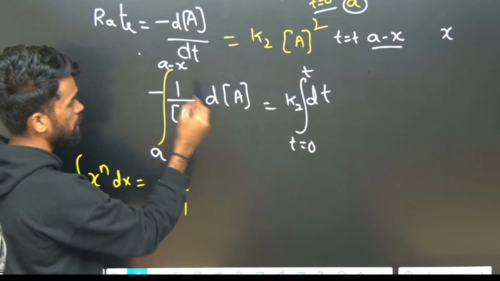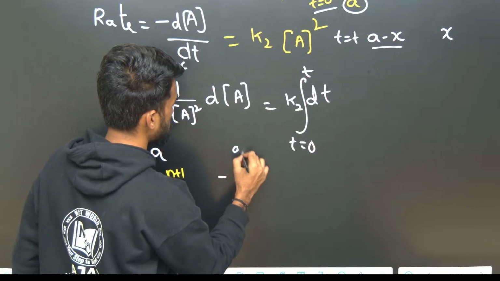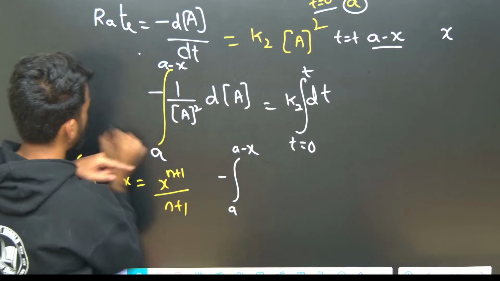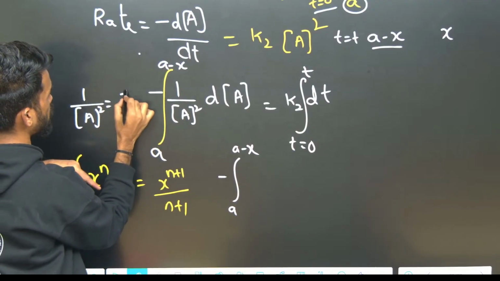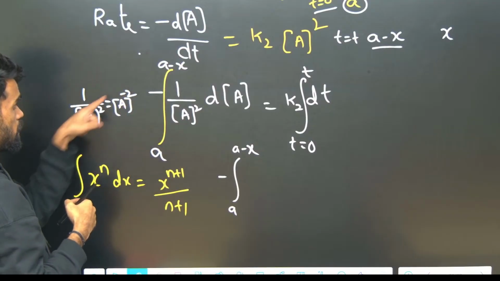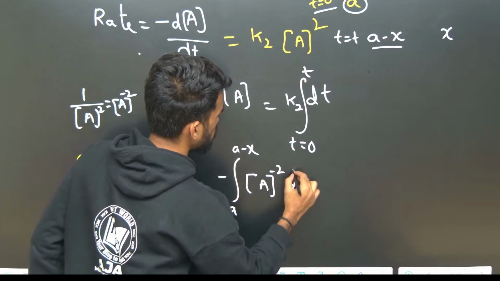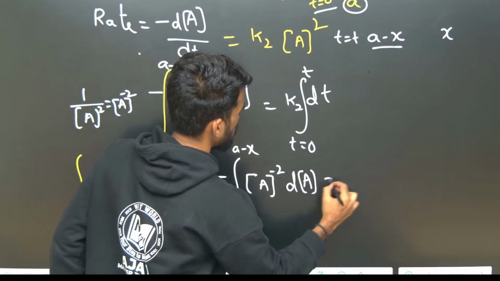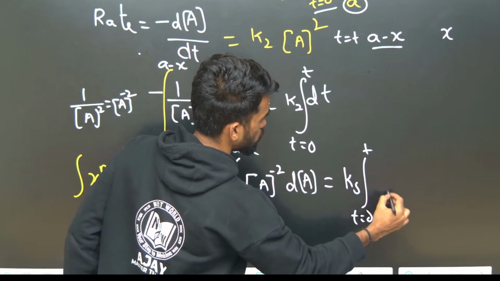Here also we have a similar kind of thing. I am writing minus, a to a minus x. I can write 1 by A square as A power minus 2, with the denominator written in the numerator. So the integral of A power minus 2 dA equals K2 times the integral from 0 to t of dt.